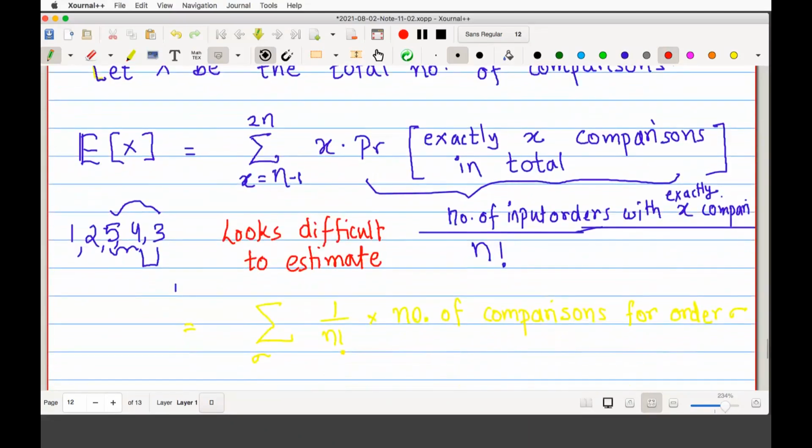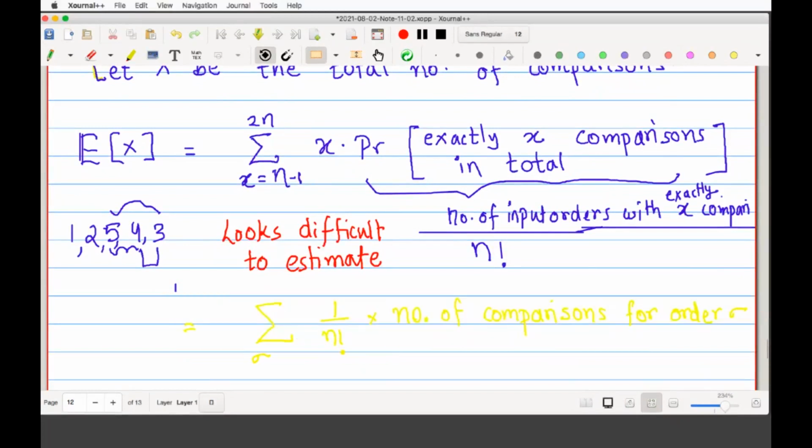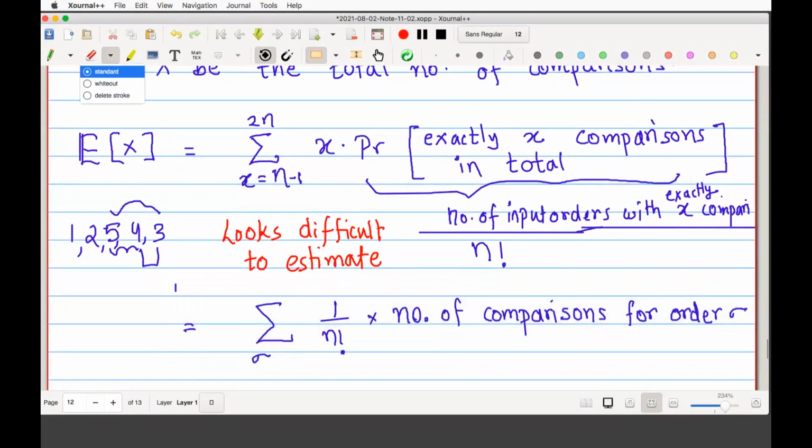Right. So by the way, this expression is same as, oh, so can you still see my slides? Yes, sir. Yeah. So this expression is same as this other expression I'm writing here. This is summation over all permutations.